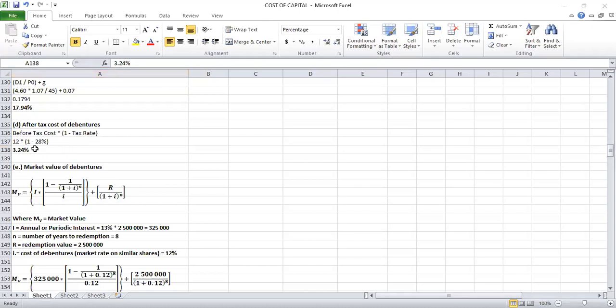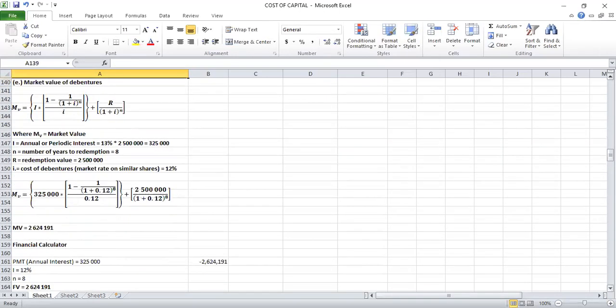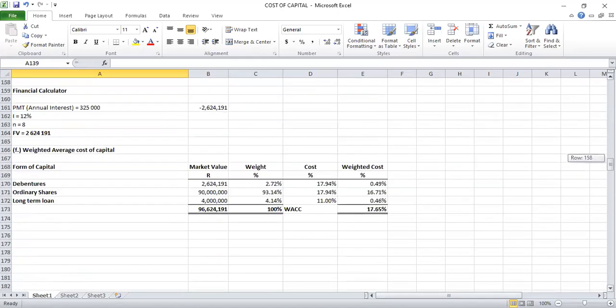8.64. Thank you so much. So that's 8.64%. All right, to get our weighted cost, we just multiply your weight times the cost, and we get this. Your weight times the cost, you get this.